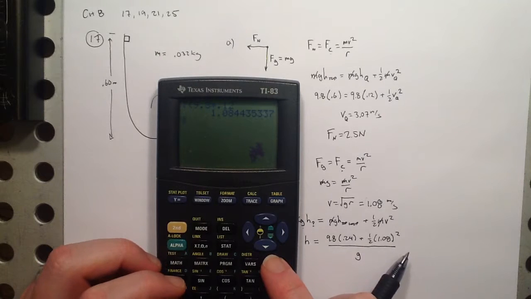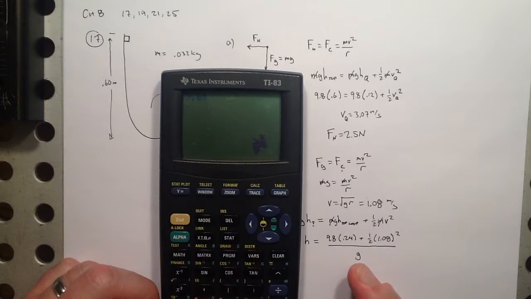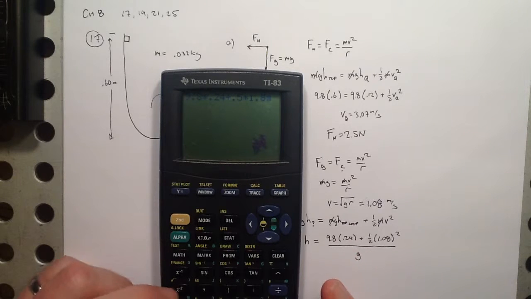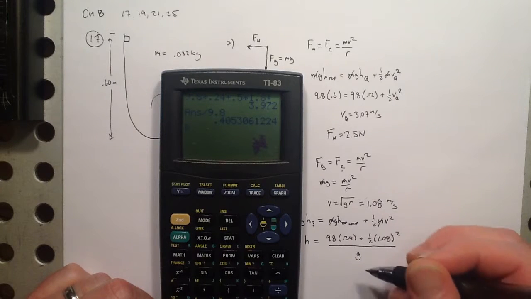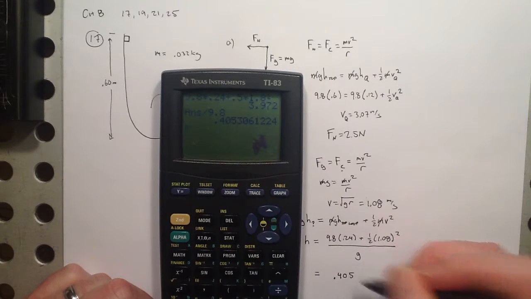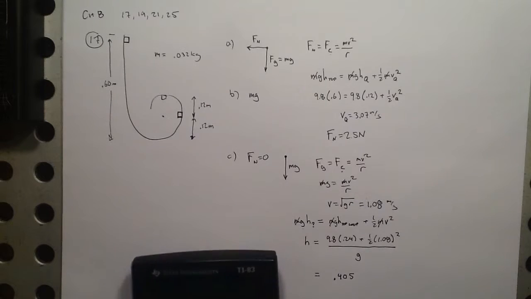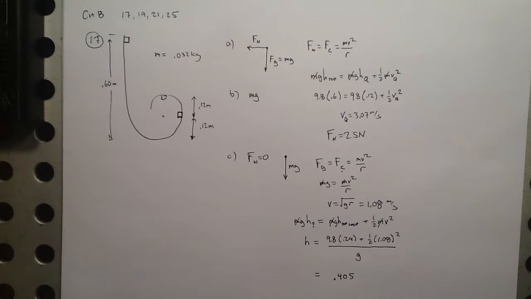And let's run that through, see what we get. 9.8 times 0.24 plus 0.5 times 1.08 squared, all divided by 9.8. We get a height of 0.405. That's where you would have to release it.